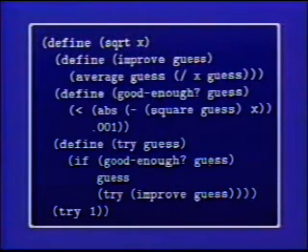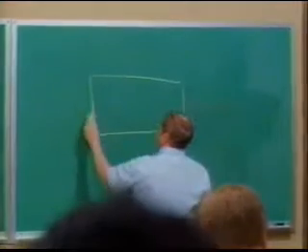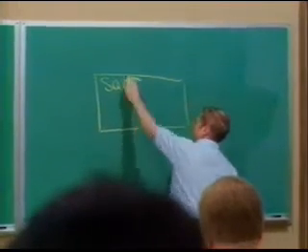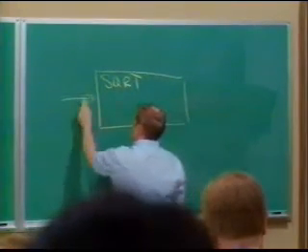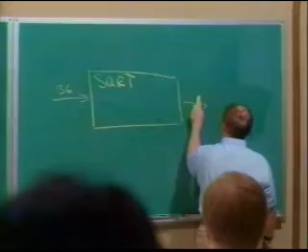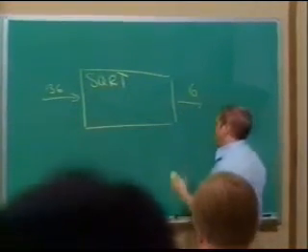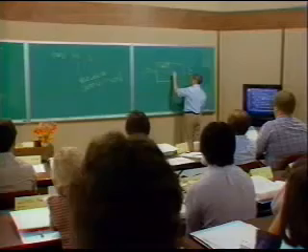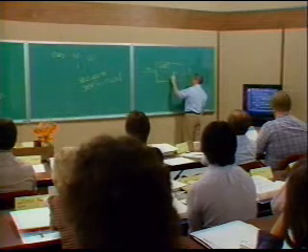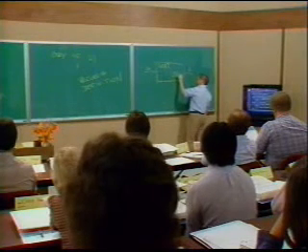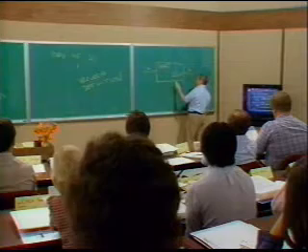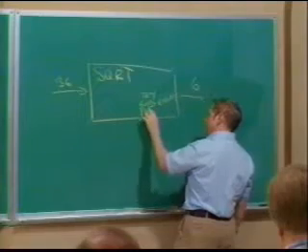So in effect, I've built a square root box, a square root procedure that someone can use. They might put in 36 and get out 6. And then packaged inside this box are the definitions of try and good enough and improve.